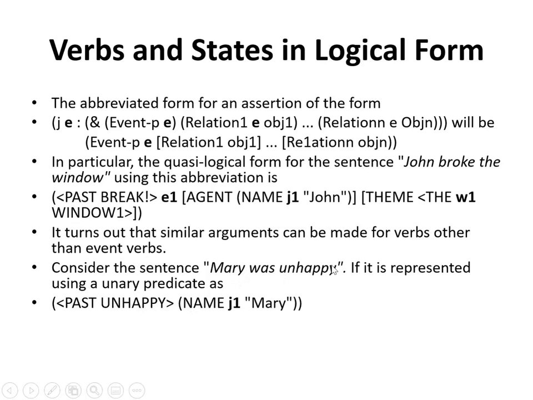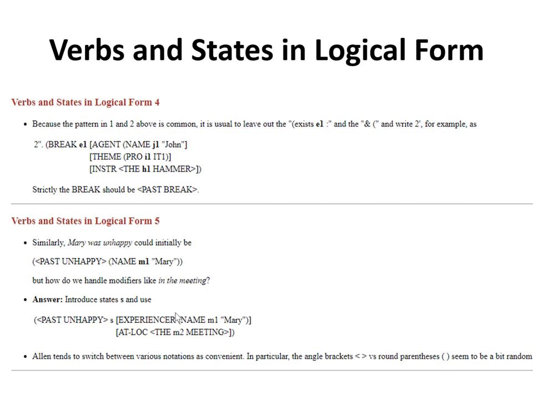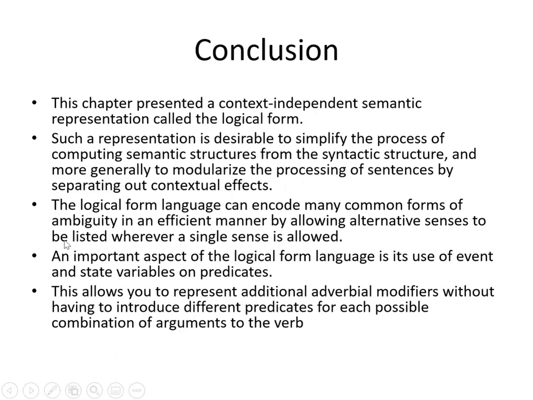So Mary was unhappy: name J1 Mary, past unhappy, that is a unary predicate. This is all about how semantic interpretation can be done using logical form language, which is used in natural language processing for removing semantic ambiguity, such as word sense ambiguity, which can be disambiguated with this type of logical form.